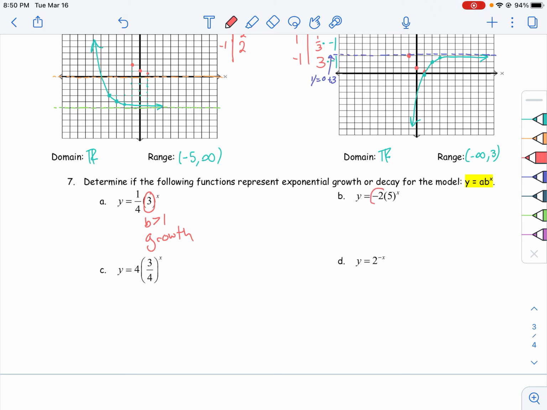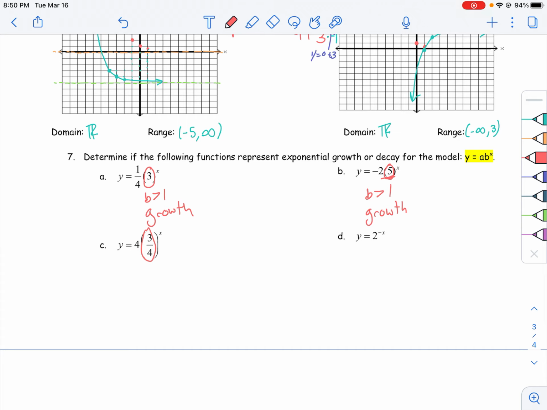This next example, okay, even though it's a -2, all we care about for growth or decay is the b value. The b value is 5, so therefore b is greater than 1, which again stands for growth. 3/4. 3/4 is less than 1, which means that this is decay.